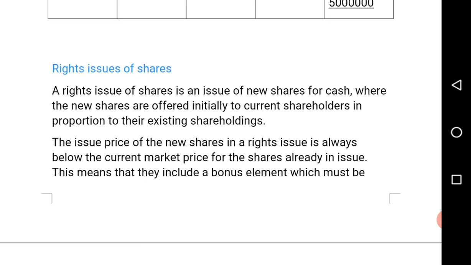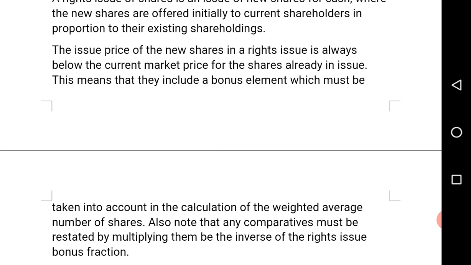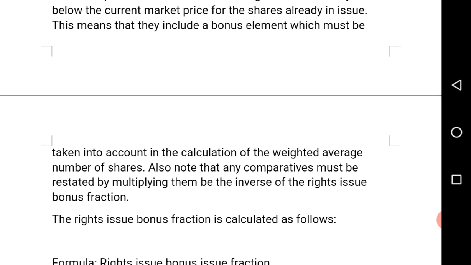We have a 2 naira reduction because we are shareholders buying the new shares. And it says the bonus element must be taken into account in the calculation of the weighted average number of shares.